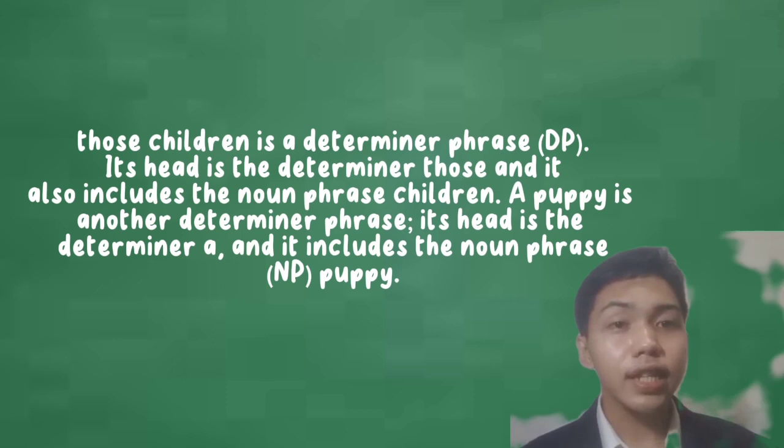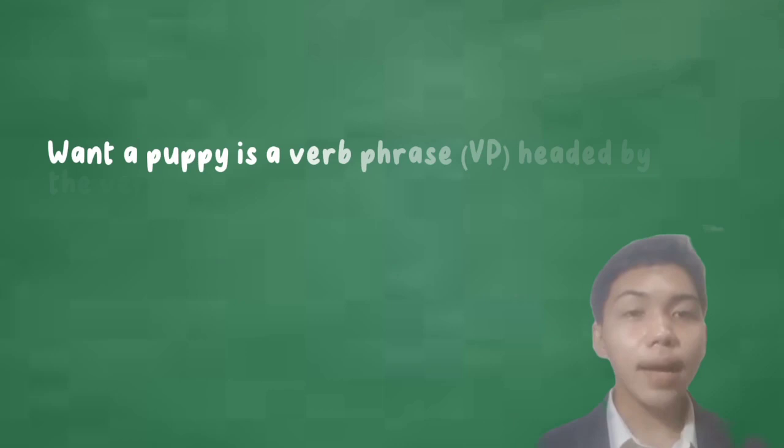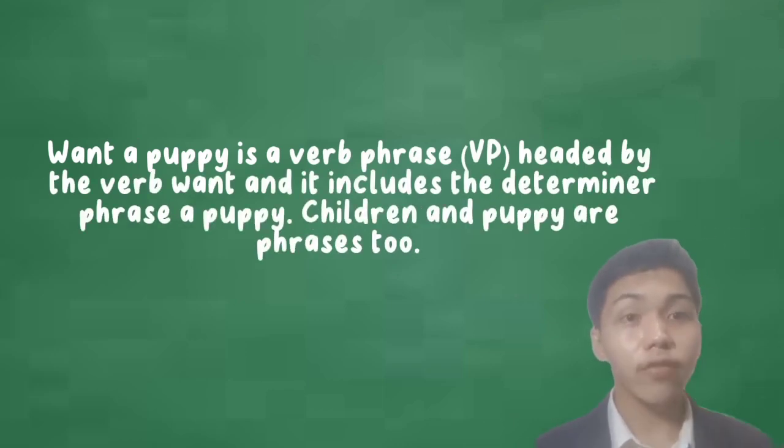"A puppy" is another determiner phrase. Its head is the determiner, and it includes the noun phrase, or the NP, "puppy." "Want a puppy" is a verb phrase, or VP, headed by the verb "want," and it includes the determiner phrase "a puppy." "Children" and "puppy" are phrases too.